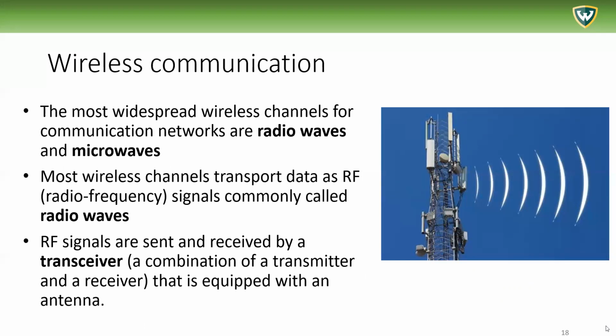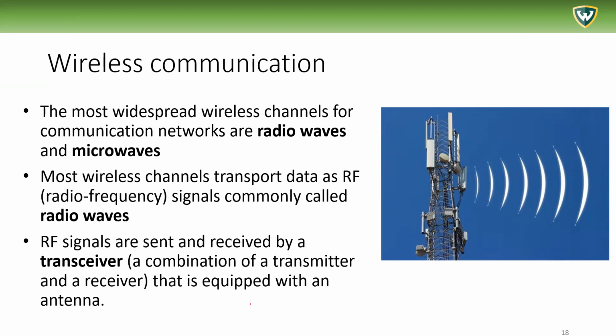Wireless communication. The most widespread wireless channels for communication networks are radio waves and microwaves. Most wireless channels transport data as radio frequency signals, commonly called radio waves. Radio frequency signals are sent and received by a transceiver, a combination of a transmitter and a receiver that is equipped with an antenna.